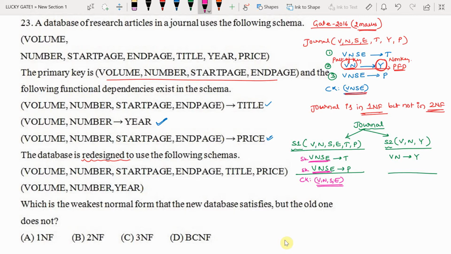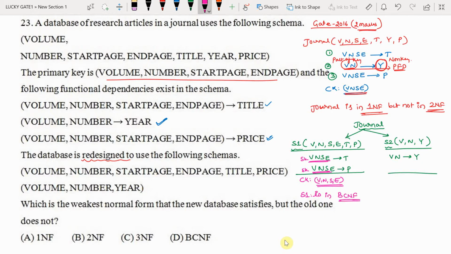And we know that if every dependency's left hand side is a super key, that relation S1 is in Boyce-Codd normal form. In short, we call it a BCNF relation.